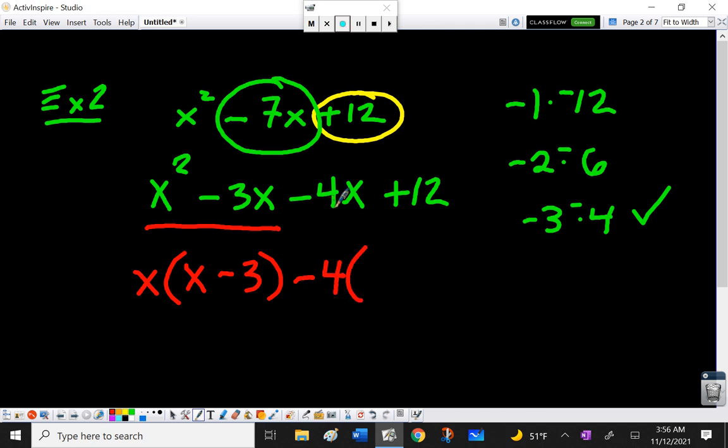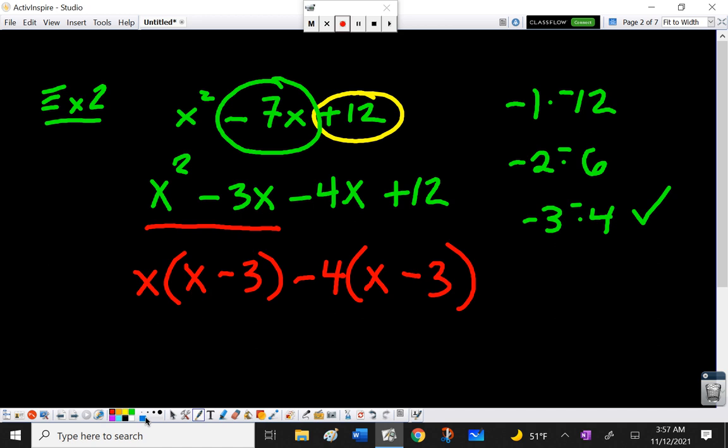If we divide negative 4 by negative 4, we'll get positive 1x. If we divide positive 12 by a negative 4, we'll get negative 4. Okay. Sorry. Negative 3. Sometimes I don't know how to divide.